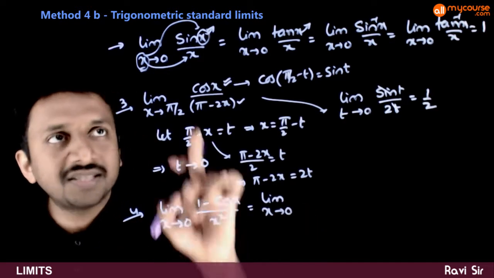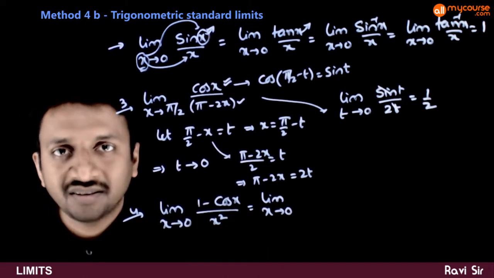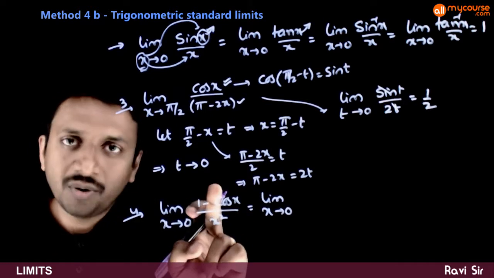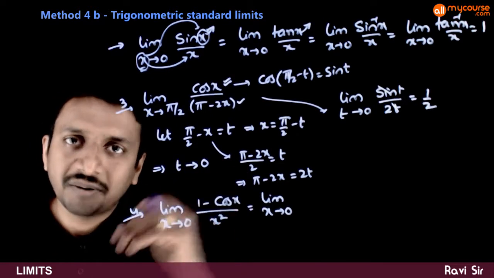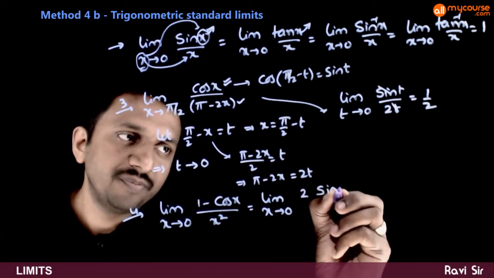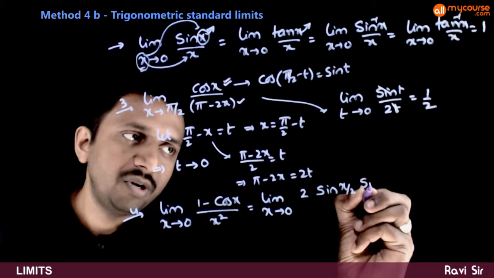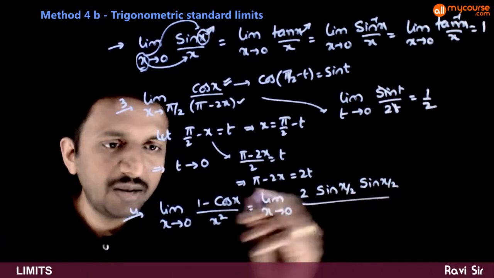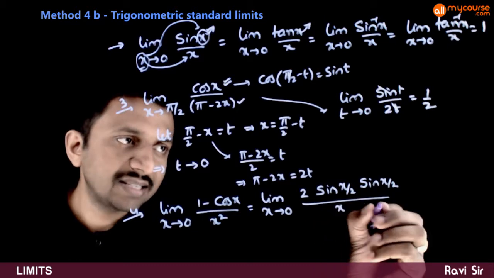As we know, our formulas are there in terms of sines. I don't have any formula in terms of 1 minus cos. So what I do is try to convert this into sine. So 1 minus cos x is 2 sin square x by 2. That is 2 sin x by 2 into sin of x by 2, divided by x square, which is x and x.